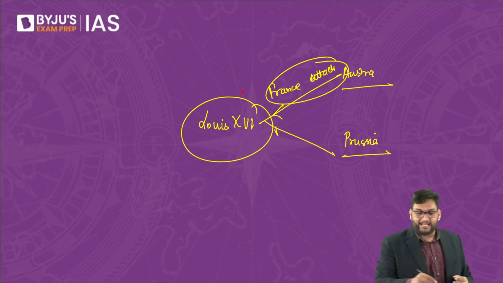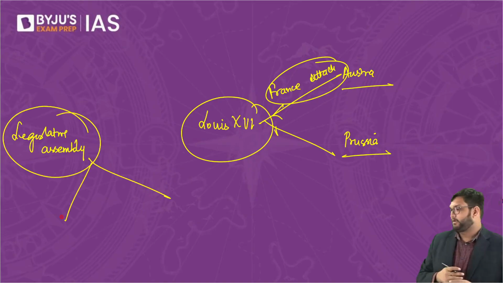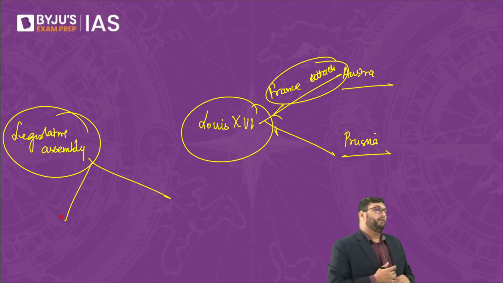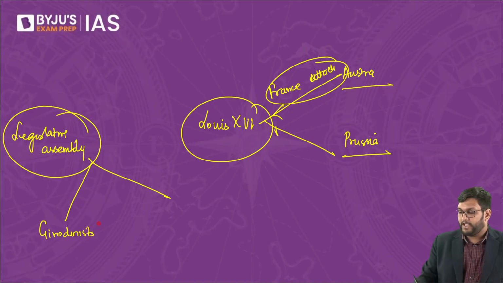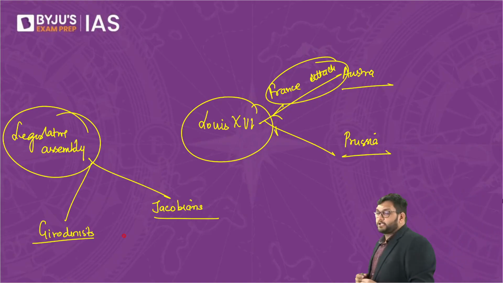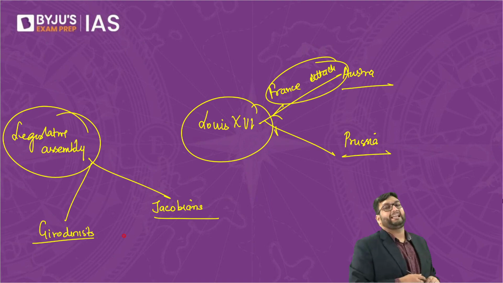Now, in the Legislative Assembly, two factions were developing. One are called the Girondists and the other one are called the Jacobins. See, the Girondists were the ones who were the allies of the king.